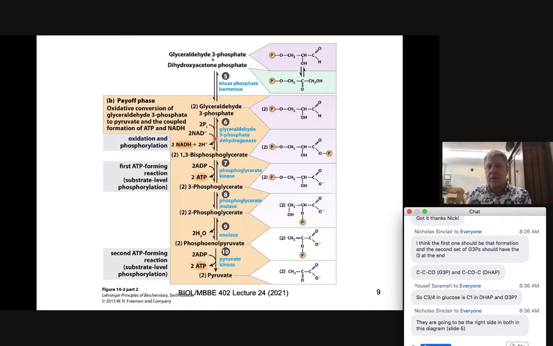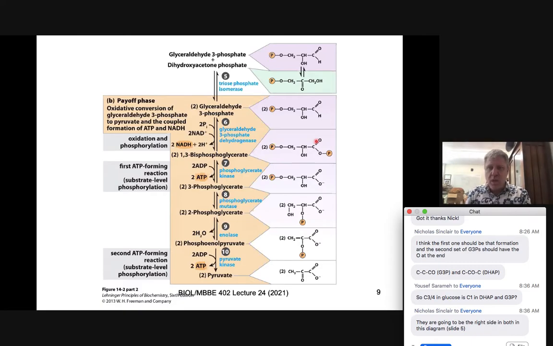So in this case, we're now going to produce two molecules of 1,3-bisphosphoglycerate. So again, we have this capacity to now phosphorylate this particular molecule utilizing the glyceraldehyde 3-phosphate. So we consumed two molecules of phosphate, and the electron sink NAD+ to give us this position and phosphorylate it from the aldehyde to the carboxylic acid.